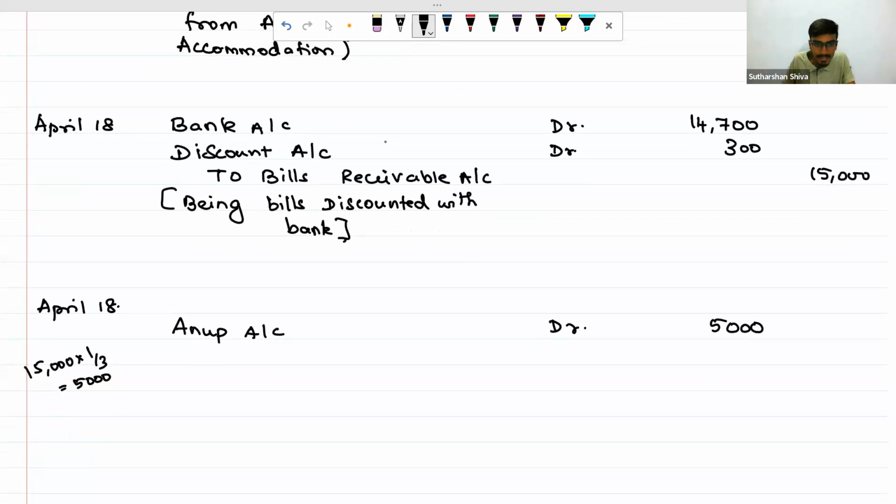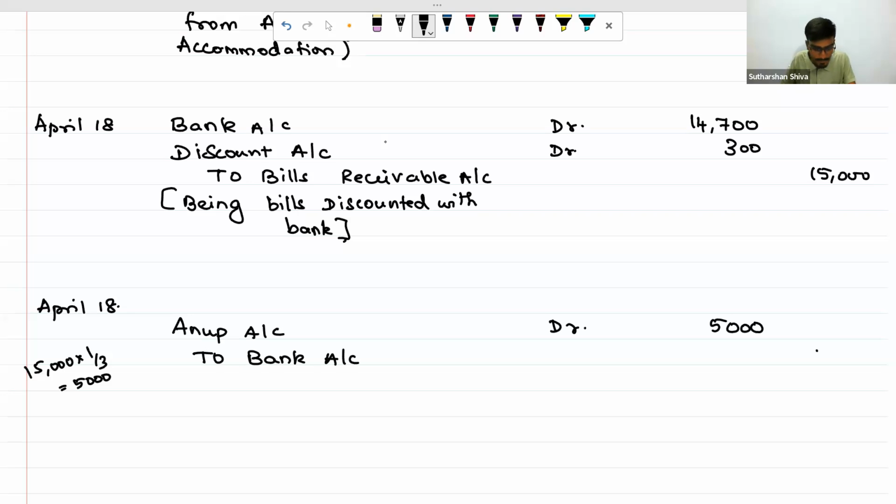So I will pass a journal entry from my bank account. I am having 14,700. On that, what is the agreed ratio of 1/3? 14,700 into 1/3 value. What is the value? 4,900. Will transfer it to whose account? Anup account.